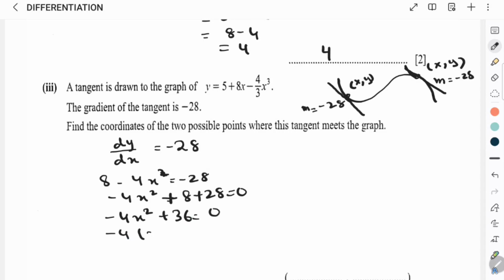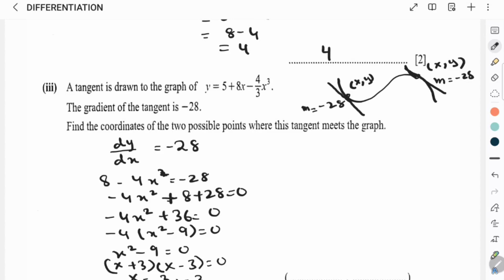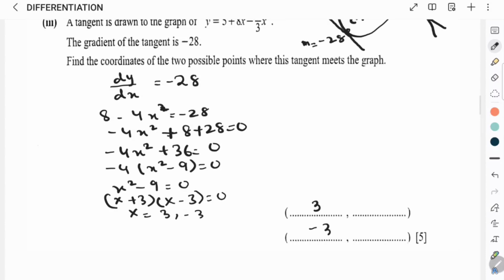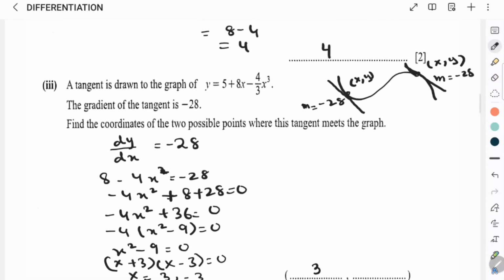Take minus 4 common, x square minus 9, 4 9 is 36. X square minus 9 is 0, so x plus 3, x minus 3. So we have the coordinates for x is plus 3 and minus 3. Okay. So 3 and minus 3 are the x coordinates where the gradient is minus 28.